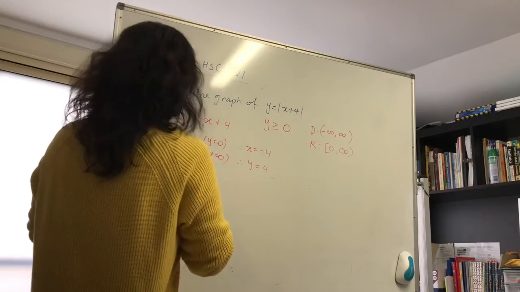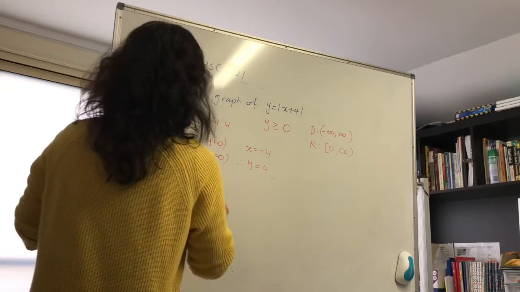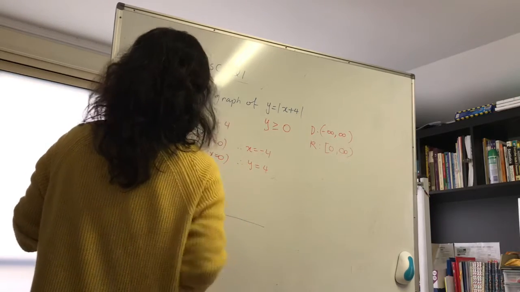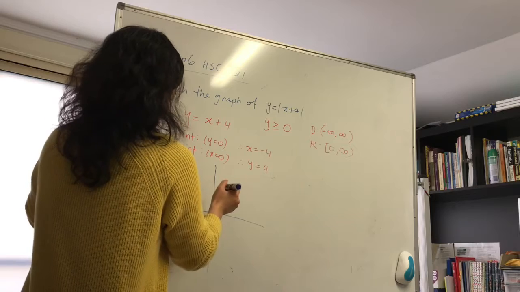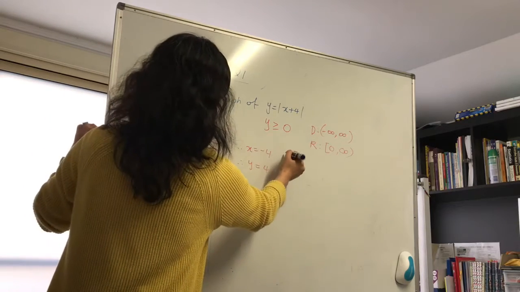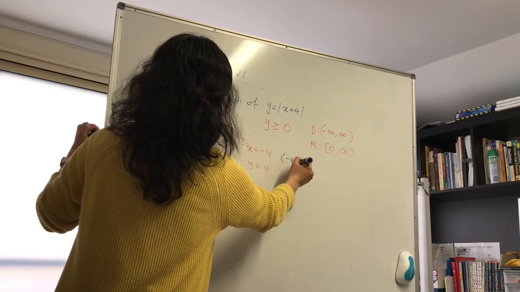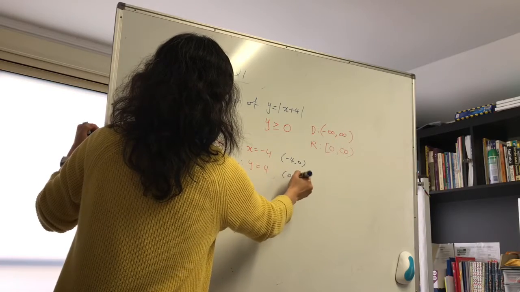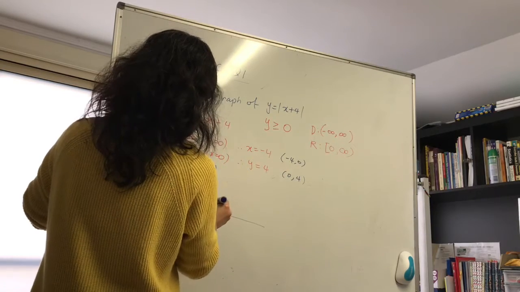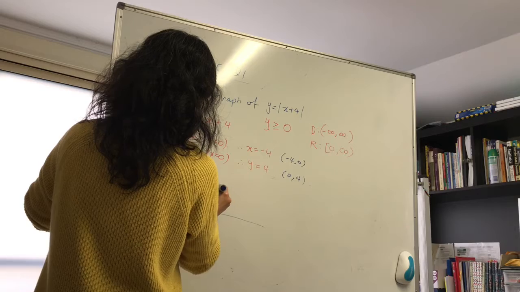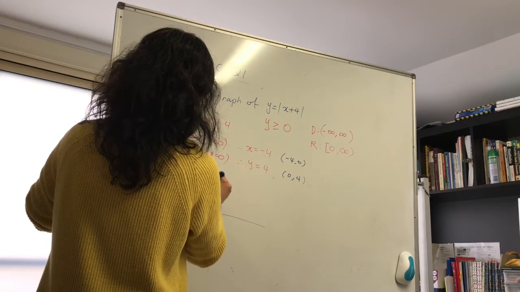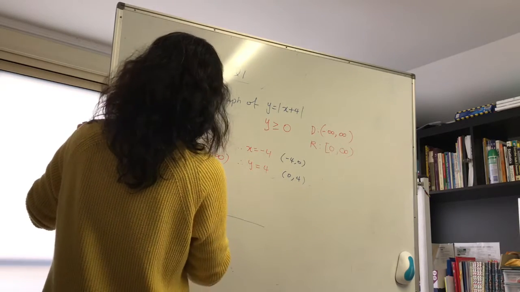Okay? So now I can sketch something here. So the coordinates will be minus 4, 0, and 0, 4. 1, 2, 3, 4, and then negative 4.